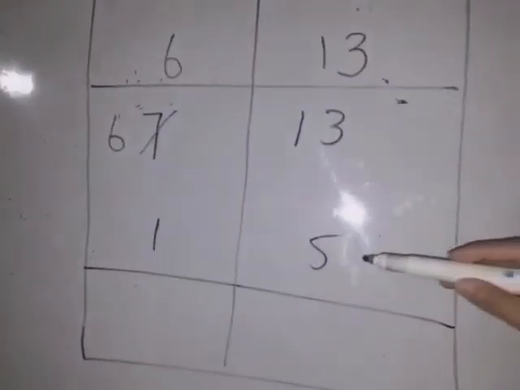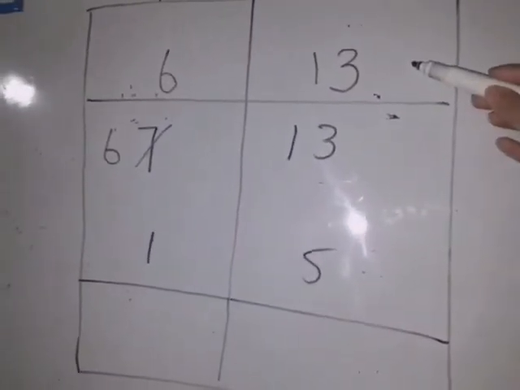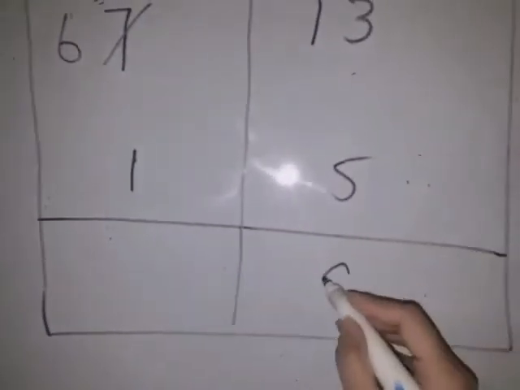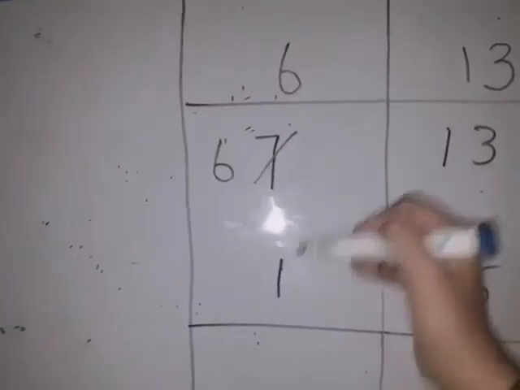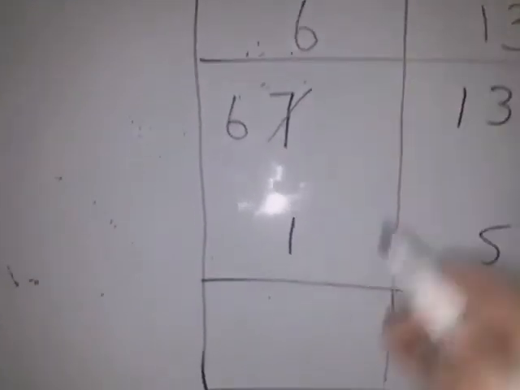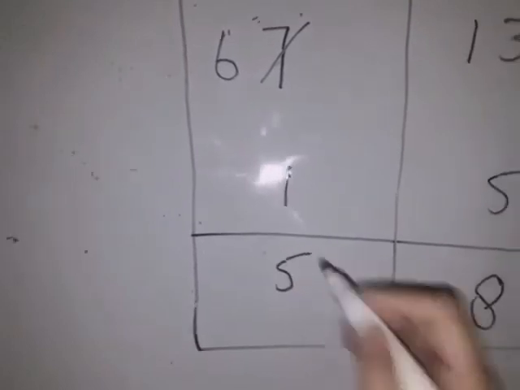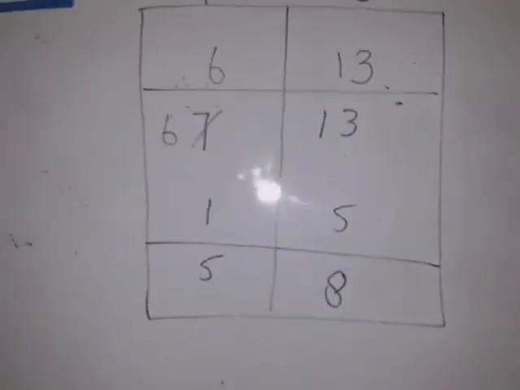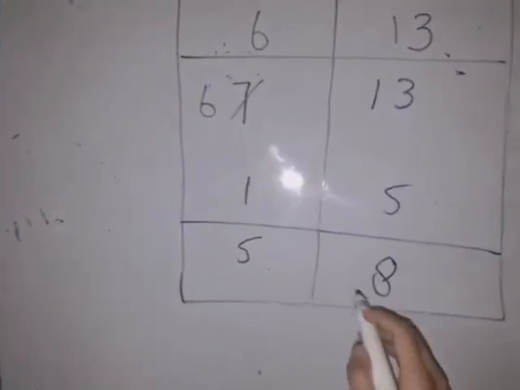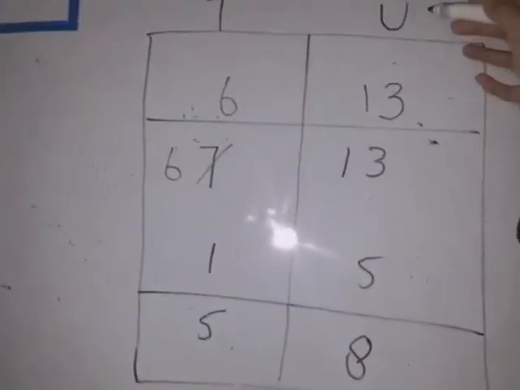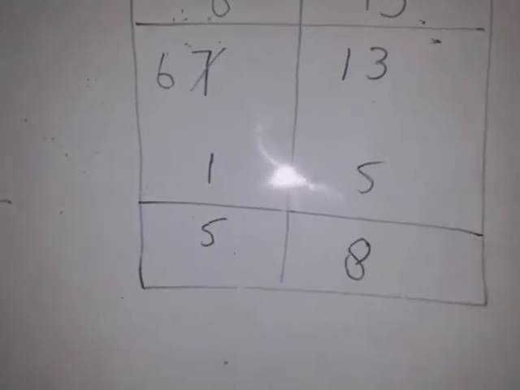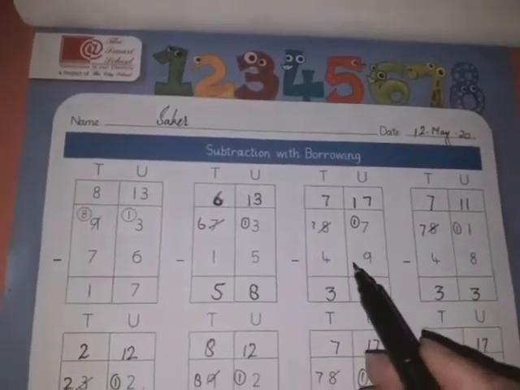Now subtract 5 from the 13. The answer will be 8. Subtract 1 from the 6. The answer will be 5. The answer is 58: 5 tens, 8 units. 58.